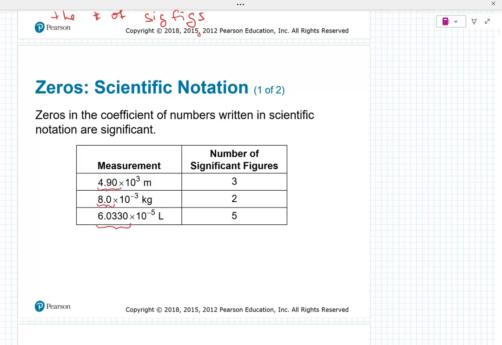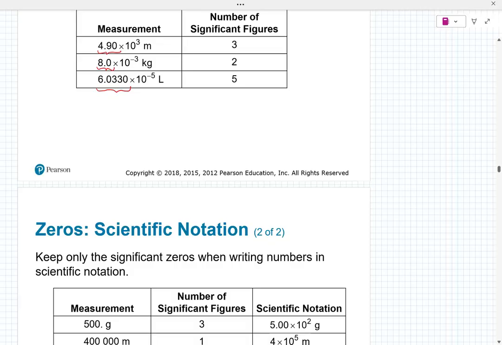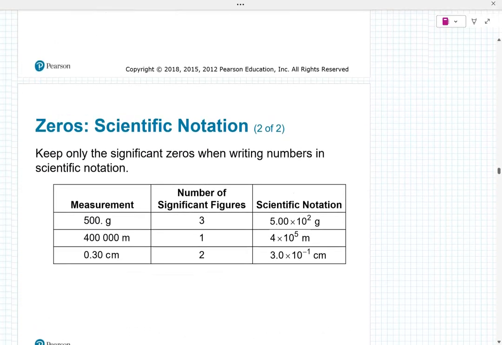The explanation: remember when we write scientific notation, we have one digit before the decimal point. And it must not be 0. It must be between 1 and 9. And everything after that is significant.